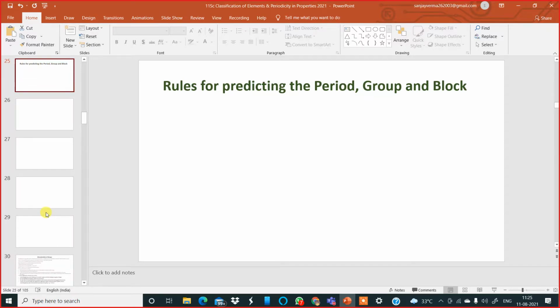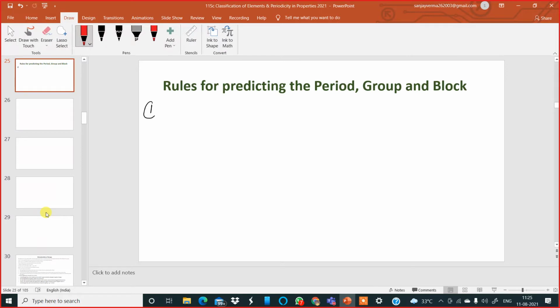Number one, period. For period, how do we come to know which period the element belongs to? The principal quantum number, highest magnitude.